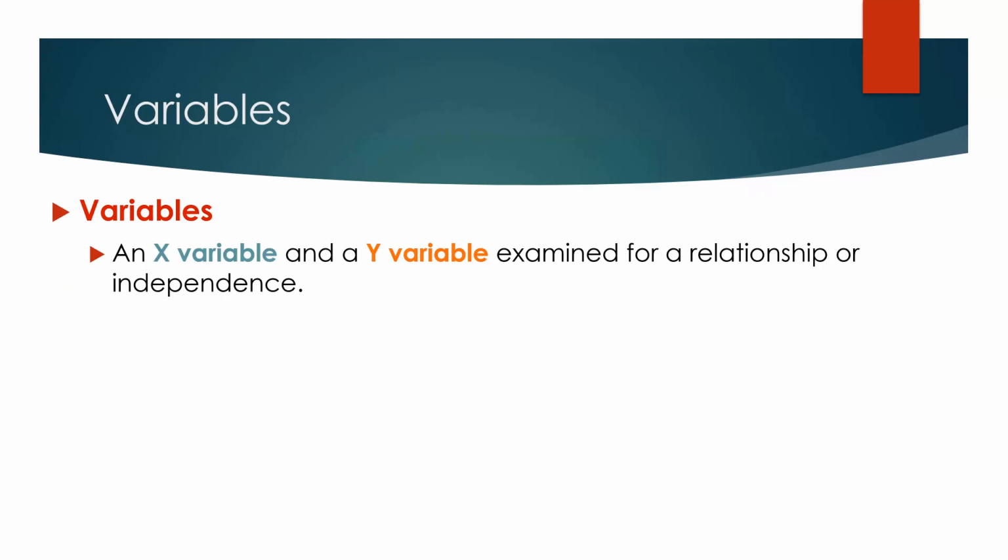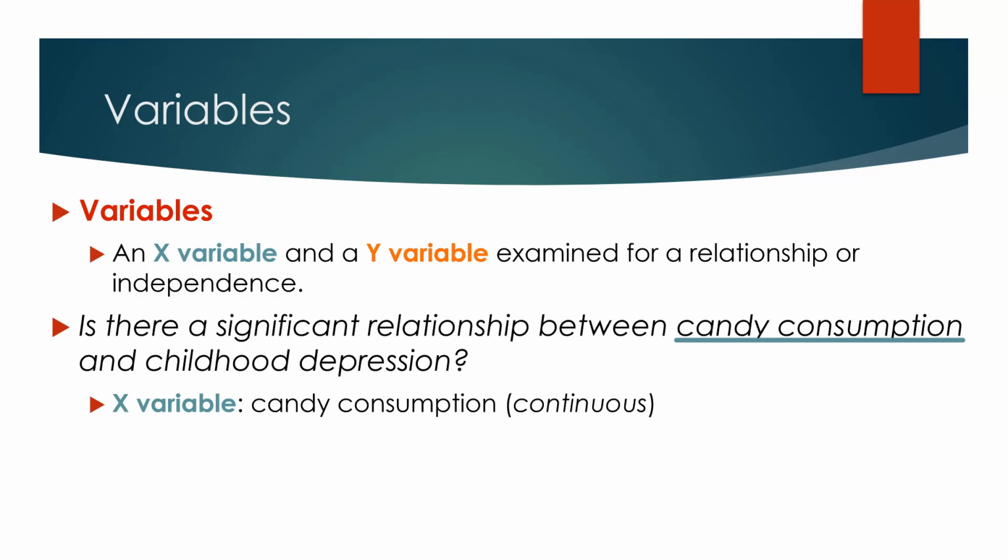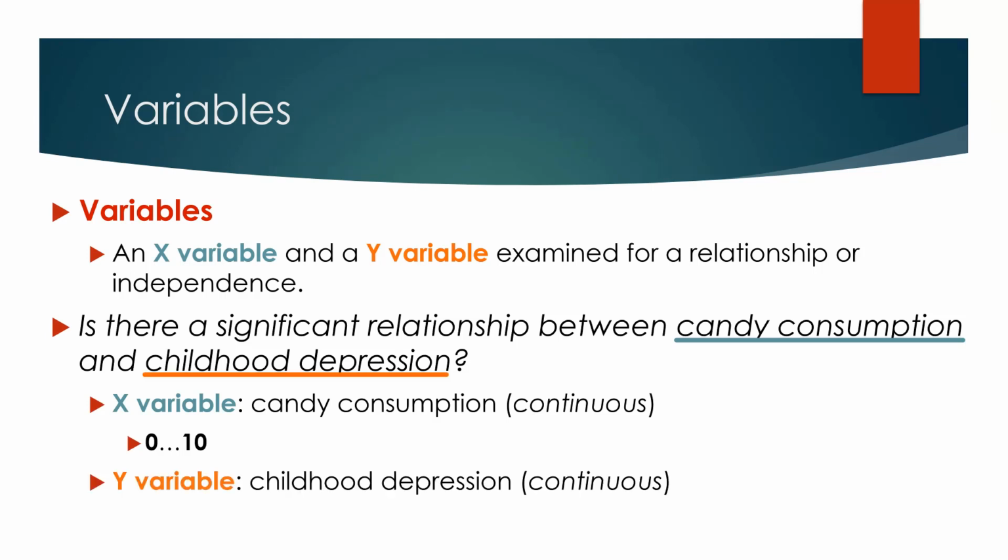Let's look at the variables. Whatever variable is mentioned first in the question, which would be candy consumption, is going to be our X variable. Candy consumption is continuous, and let's say that it was measured on a range of 0 to 10: how many candy bars did they consume in the last week, ranging from 0 to 10 candy bars. Y would be the second variable mentioned in the question. That's childhood depression.